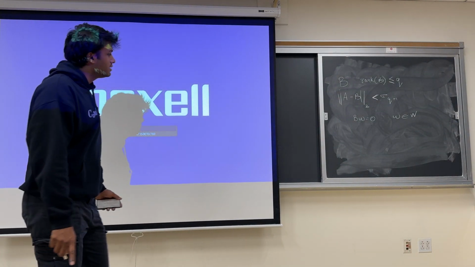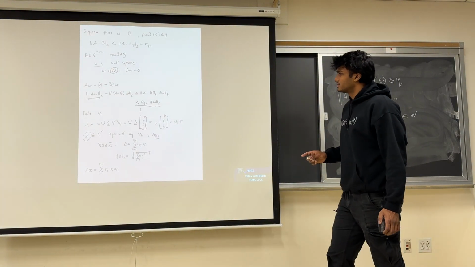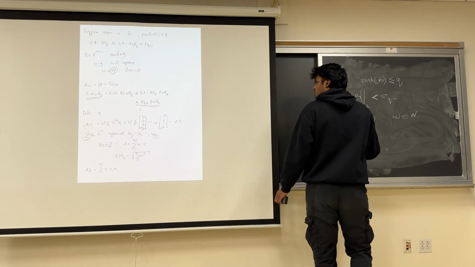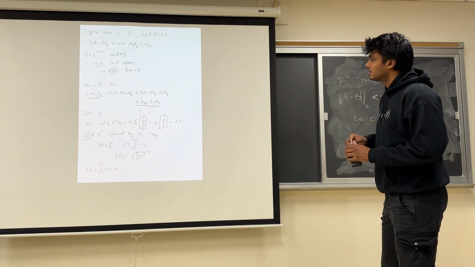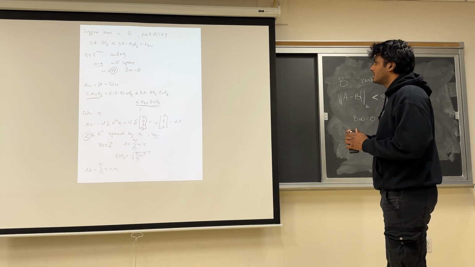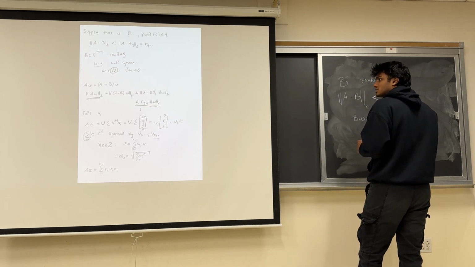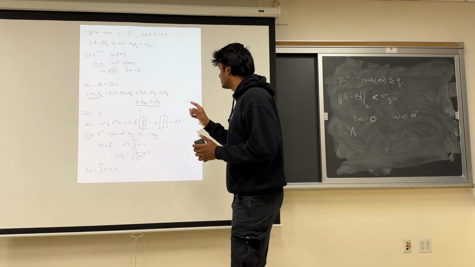So it has an n minus q null space. The idea is that I want to show this. Basically I want to get to a contradiction.